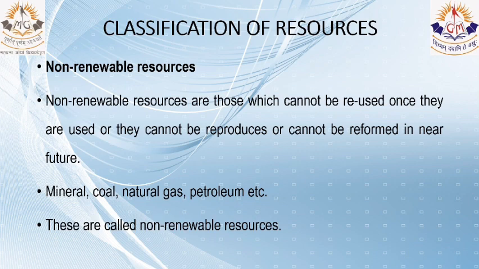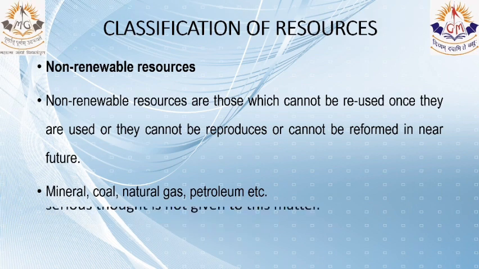It will again take millions of years to make, or it's going to take a long time to make. Mineral coal, natural gas, petroleum, these are the examples that come under the category of non-renewable resources or exhaustible resources. Because they get exhausted and cannot be remade, that is why they come under the category of non-renewable resources.